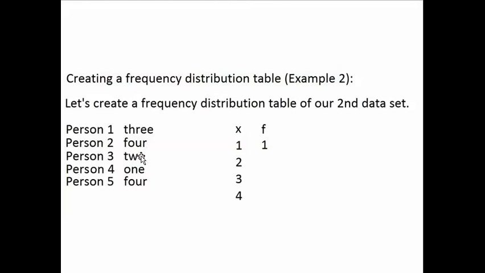So we have 1, 2. 2 only appeared 1 time, which means that 2 will have a frequency of 1 also. That'll go right there. Now we have to count the number of 3s. We have 1 3 in the data set, which means that 3 has a frequency of 1 also. And now we have to count the number of 4s. We have 1, 2 4s in the data set. So since we have 2 4s, the frequency of 4 is 2.